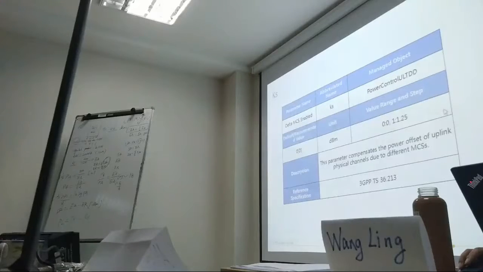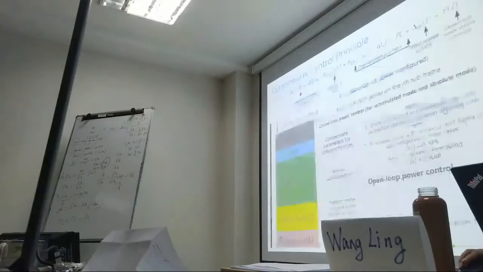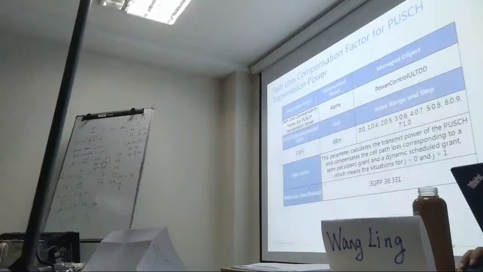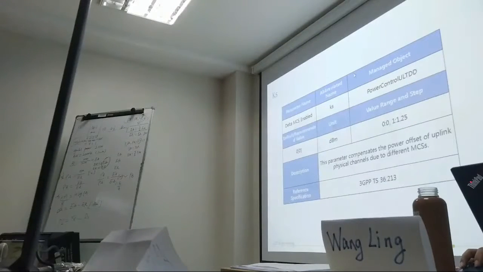And for the Ks, this Ks is the value for delta TF. Actually, delta TF relates to a formula, but the other parts of the formula are fixed. The node B has this algorithm, but only this parameter Ks you can set. So this value will affect the MCS compensation. It has two values, 0 and 1.25.